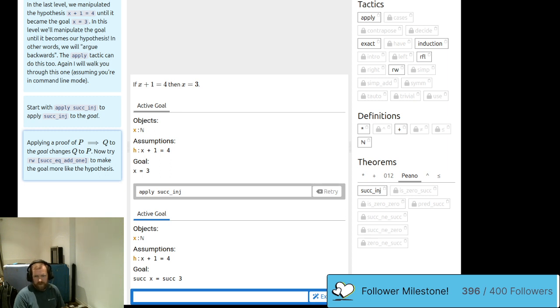Okay, so we're going to rewrite backwards for equals successor 3.